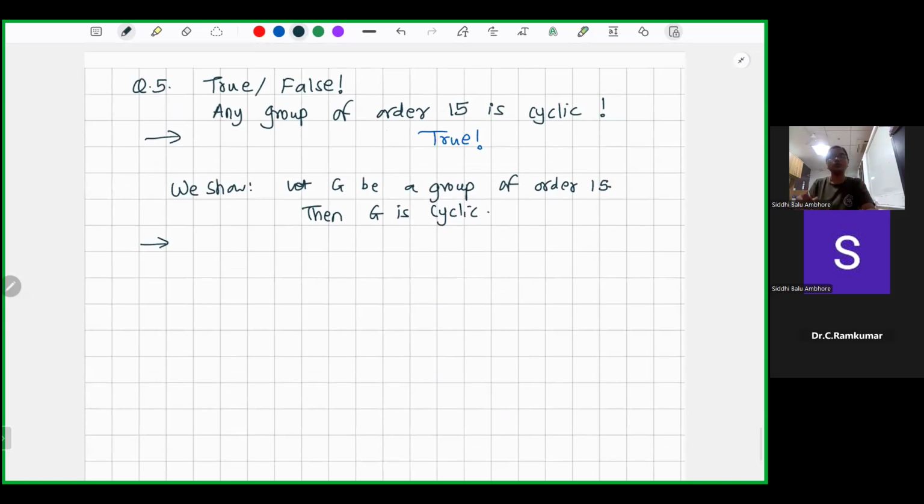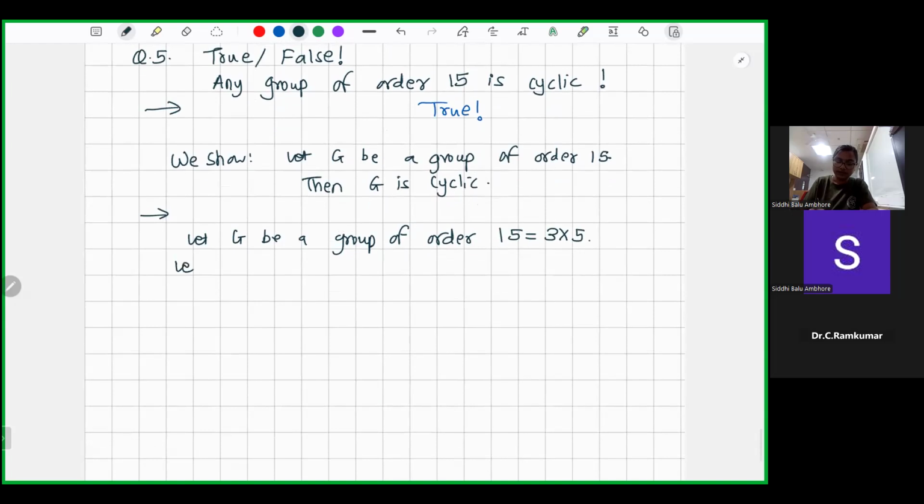Okay, so note that G has order 15, that is 3 into 5. So it has a Sylow 3 subgroup and a Sylow 5 subgroup, both.